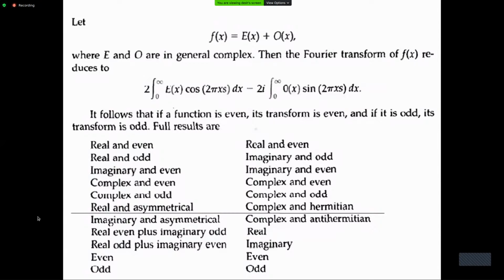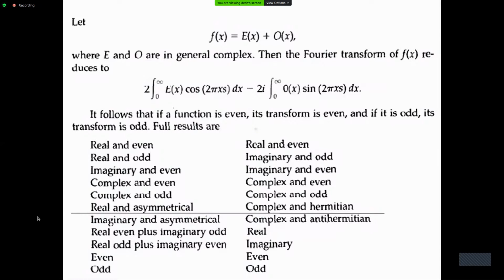And that leads to its Fourier domain description, which is complex and Hermitian. So there's a Hermitian symmetry. What does that mean? That the points corresponding to the negative frequencies are simply complex conjugate of what is on one side of the origin.